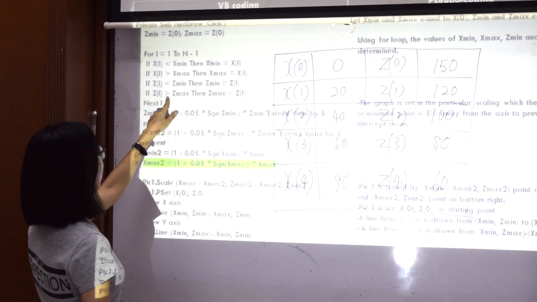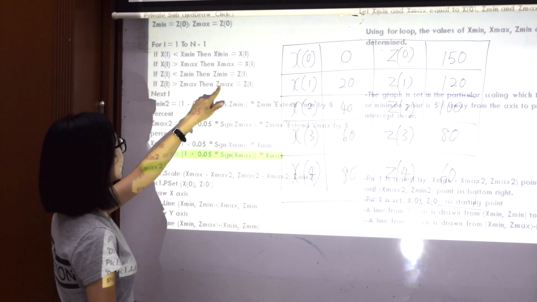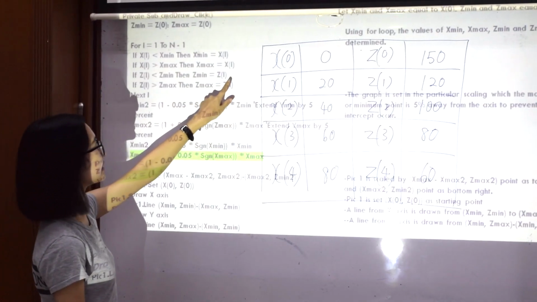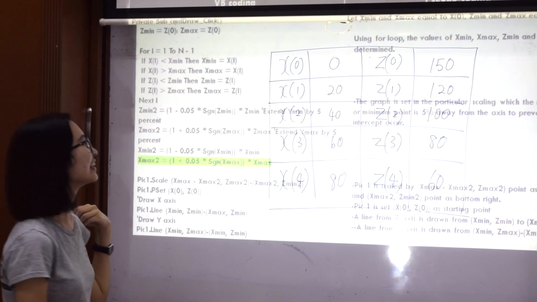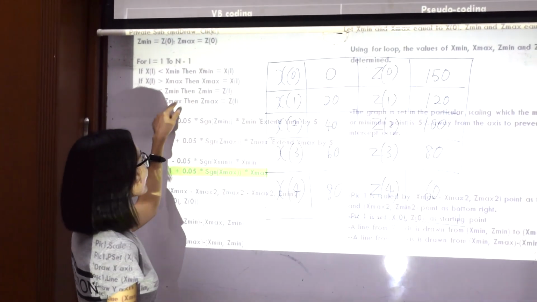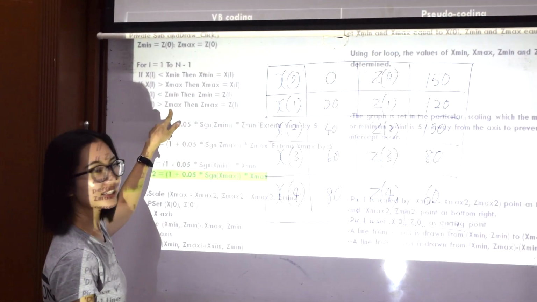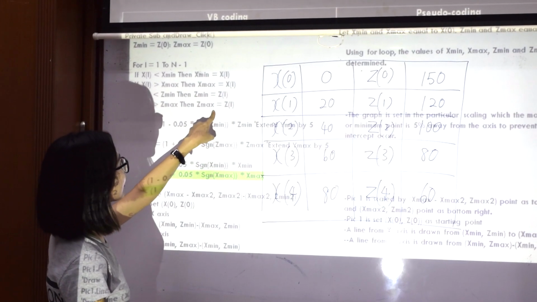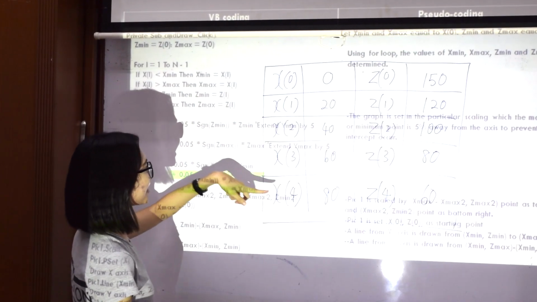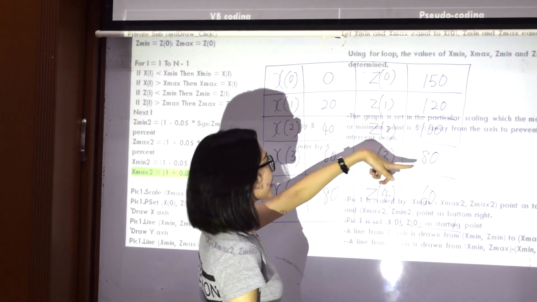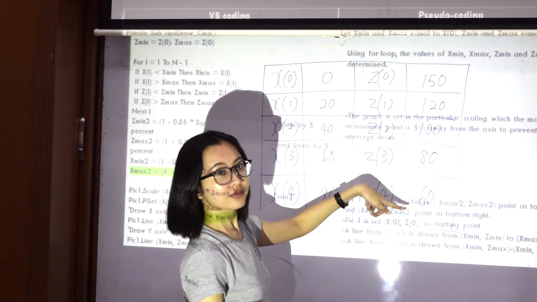If ZI is larger than Z max, then Z max will be the ZI. So for this case, the Z max will always be 150 because the value is decreasing.